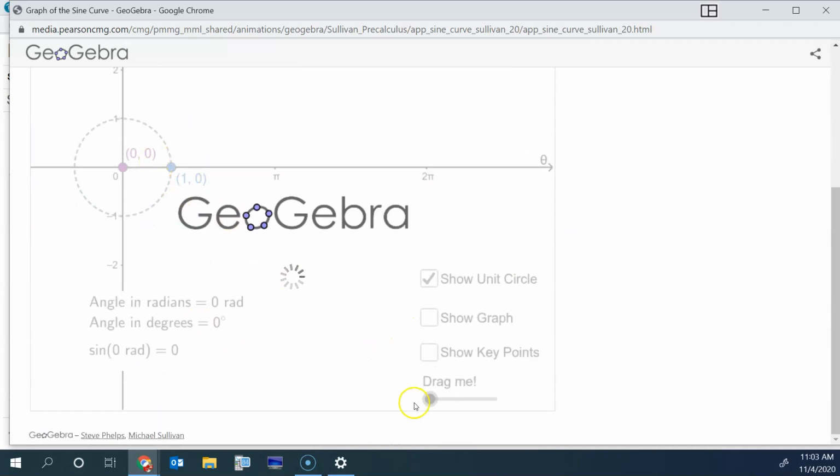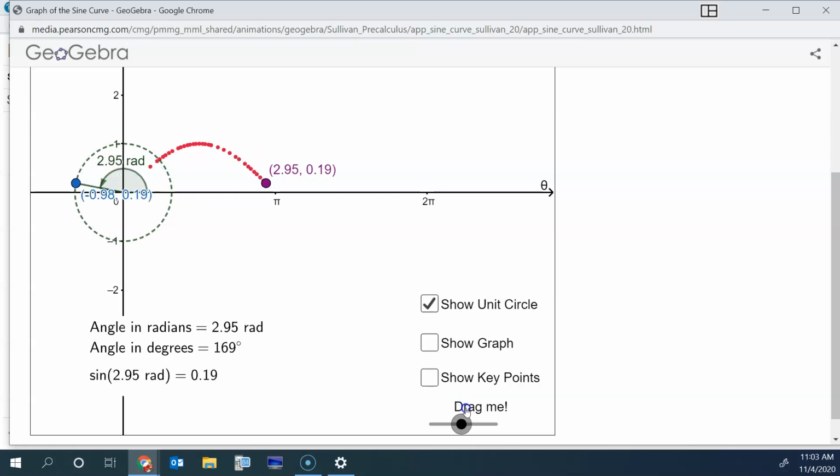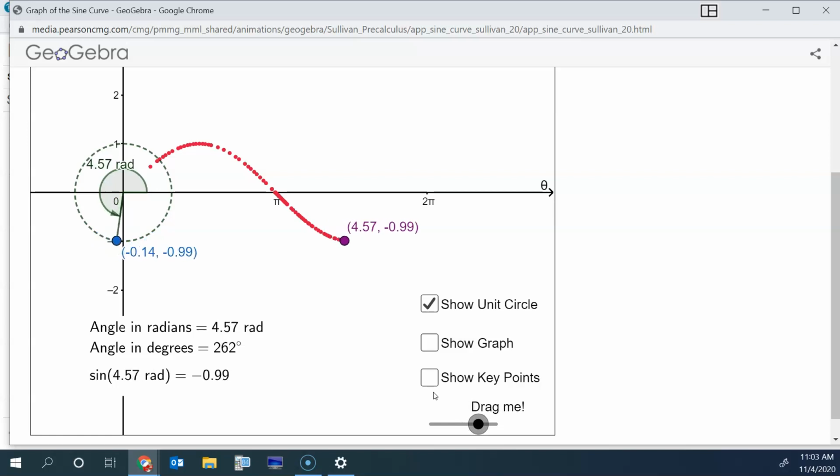Okay, so now I'm going to move it to pi. Right now I'm at pi.